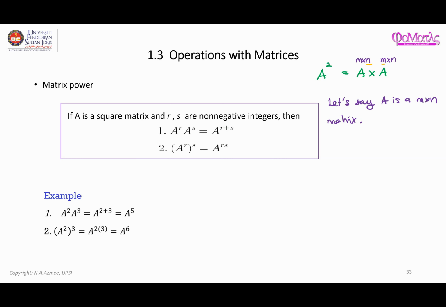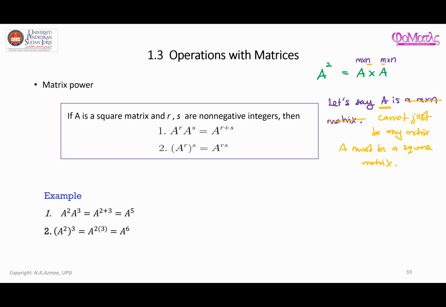Yes? Therefore, A cannot just be any matrix. In order for us to execute the multiplication process, A must be a square matrix. So what is a square matrix?